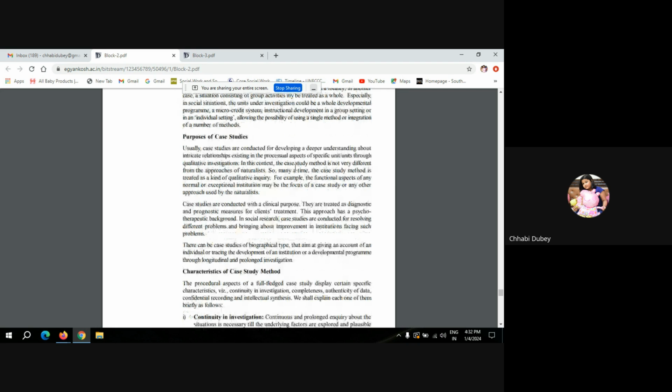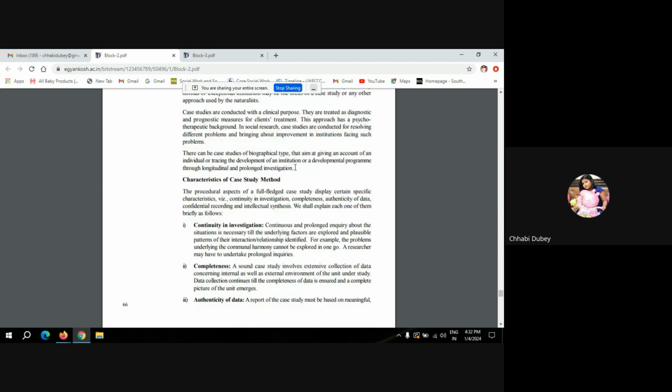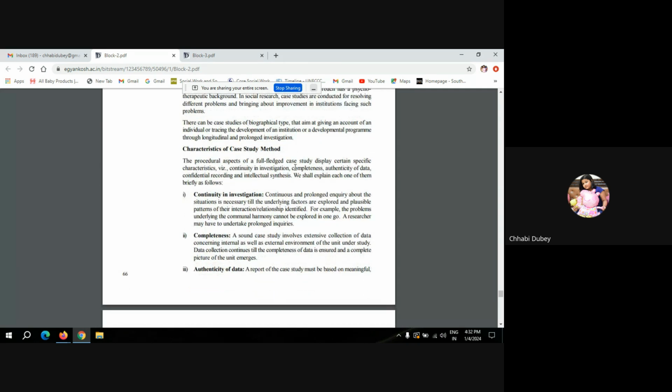Now, there are certain characteristics of the case study method. First is continuity in investigation. It is a very prolonged inquiry about the situations. Second, completeness. A sound case study involves extensive collection of data concerning the internal as well as the external environment. So these are very complete studies in themselves.